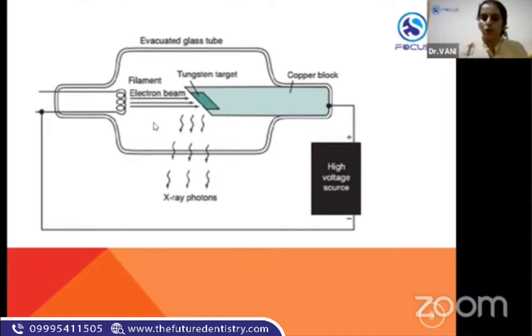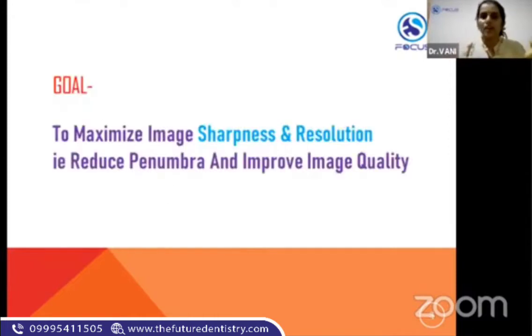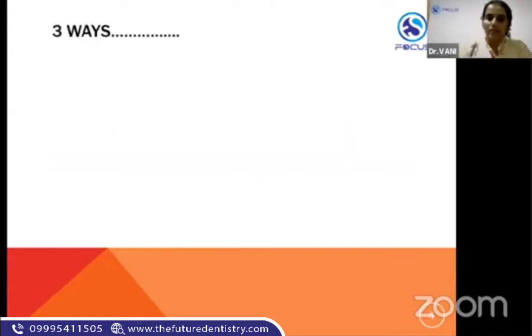So what should be our goal in that case? To minimize penumbra so that image sharpness and resolution can be maximized, and thus the quality of the radiograph can be improved. Our goal should be to reduce penumbra. So how can we achieve it? Three principles should be followed to reduce penumbra and thereby increase image sharpness and resolution.